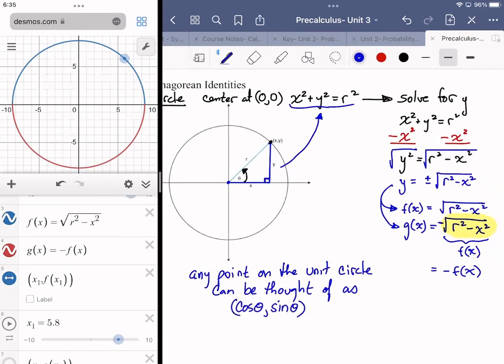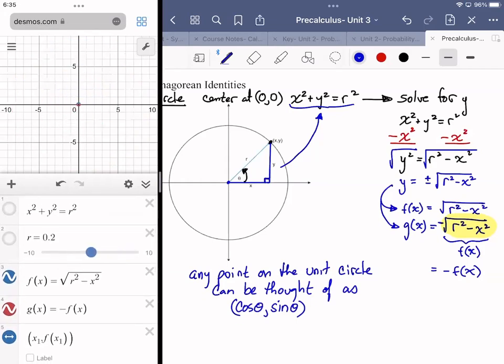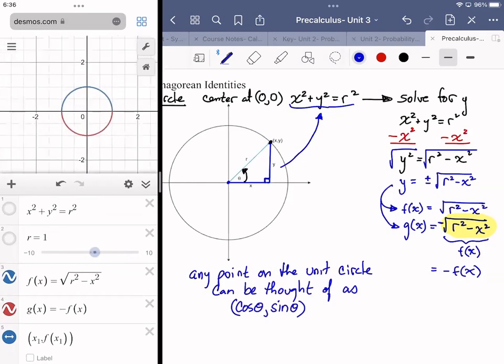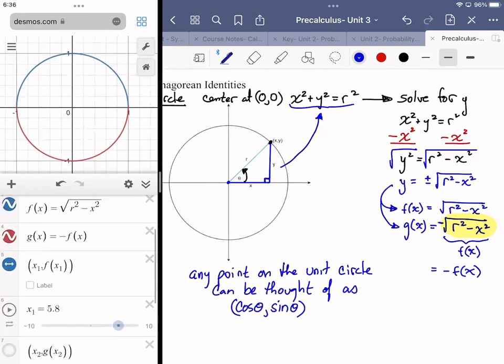So any point on the unit circle is cosine theta comma sine theta. If I have a circle with a radius of 1, which with Desmos is fine because even though the circle gets really small, you can just zoom in, any one of these points around the circle can be thought of as cosine theta comma sine theta.